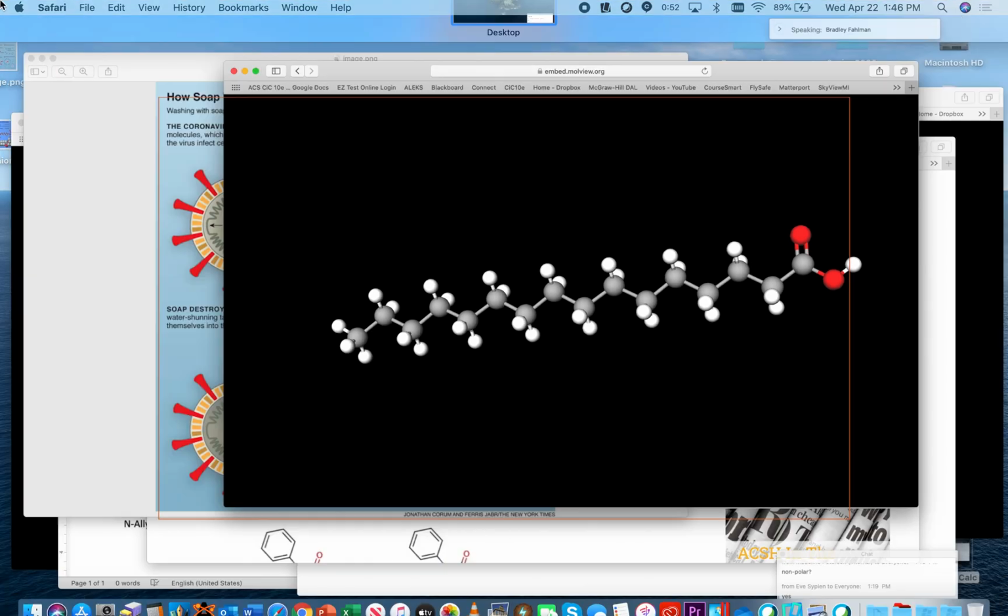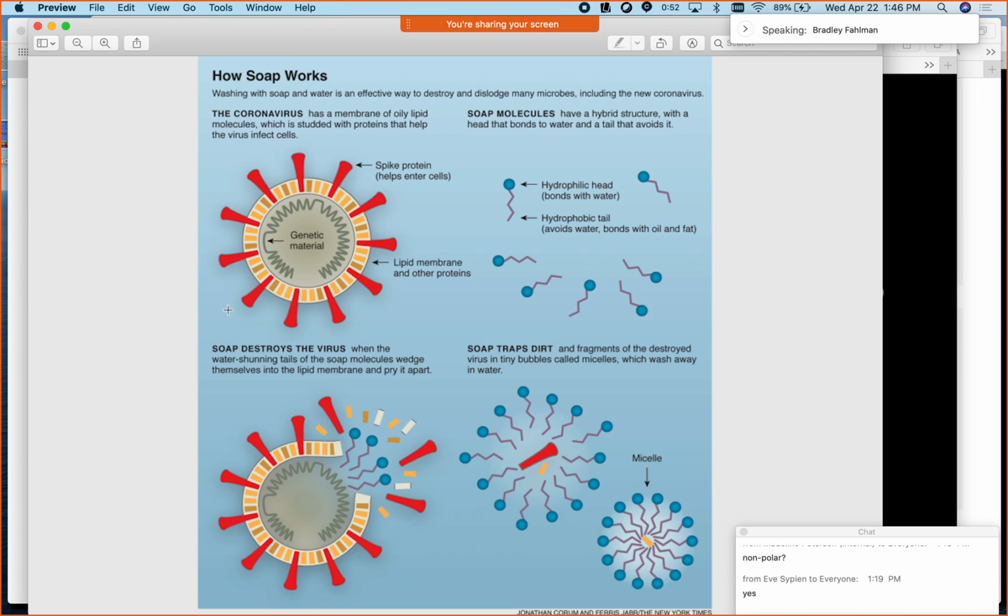Likewise, if this is what coronavirus looks like, you've got some nucleus or cell here that's covered with protein that is really like an oily layer. Then you introduce soap.